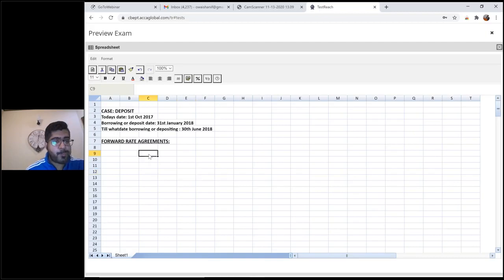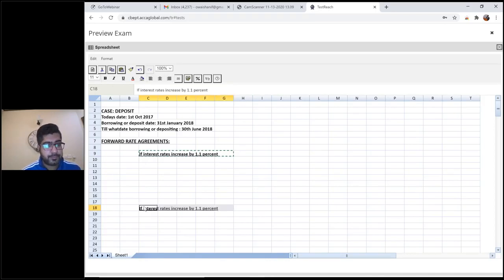The first case, if interest rates increase by 1.1%, okay, and second case, if interest rates decrease by 0.6%.